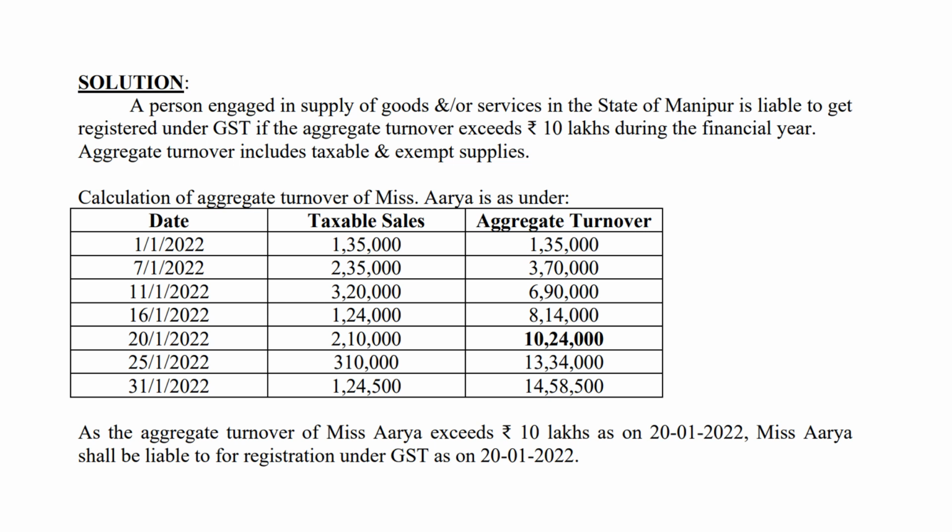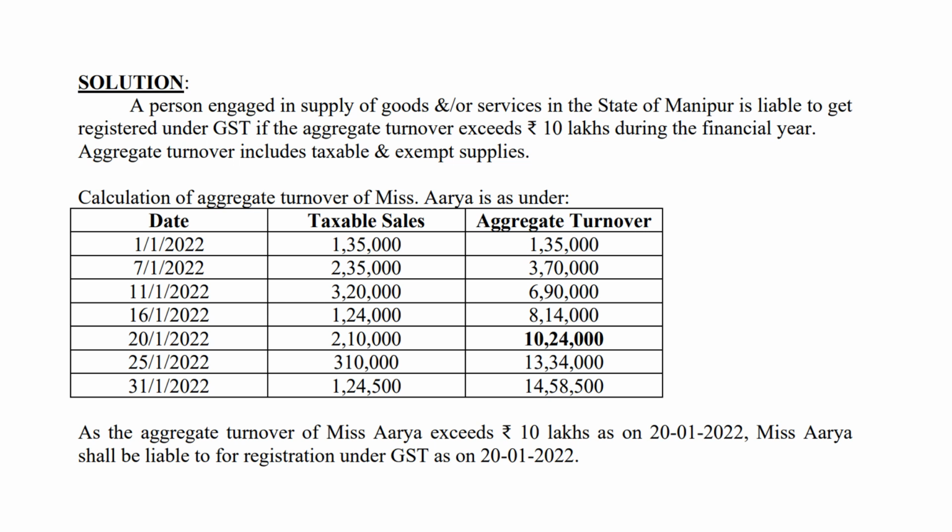Now on 7/1/2020, again there is a taxable sale of 2,35,000. Here the aggregate turnover will be, you have to add on the aggregate turnover of 1/1/2020. So whatever previous turnover is there, you have to add on the previous turnover of that particular year. You have to add on in your taxable sale.